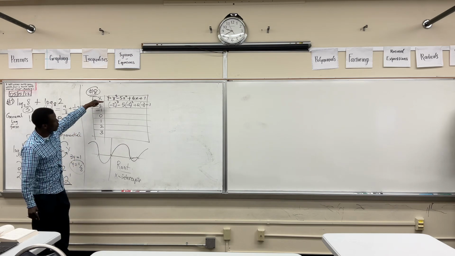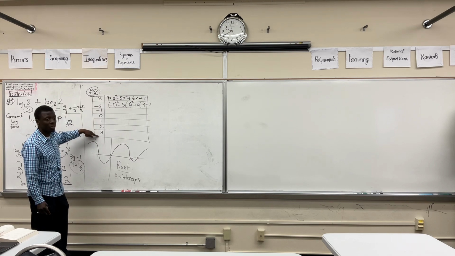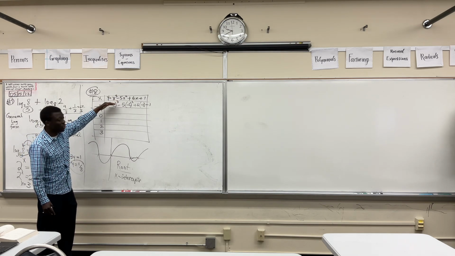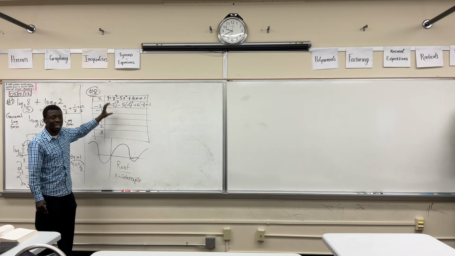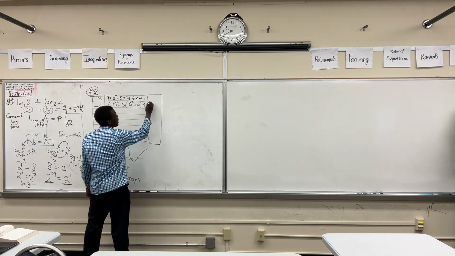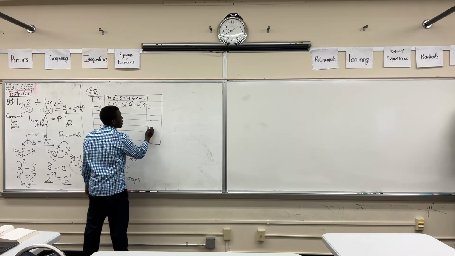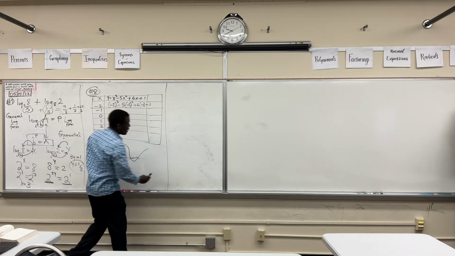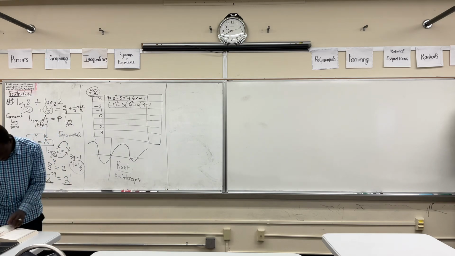So what I want you to do for me is plug these 5 values into the polynomial function. When you plug in those values, you're going to get specific y values, and we're going to use that to evaluate where the root is. While you do that, I'm going to set up for the next question.